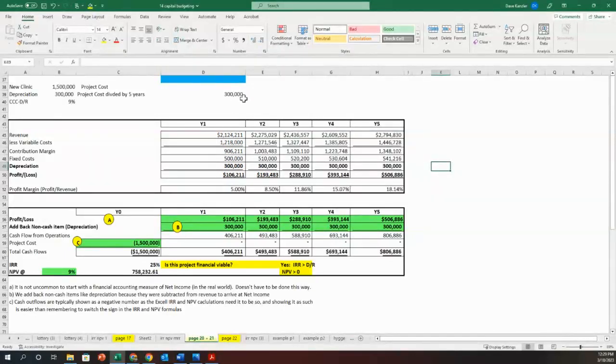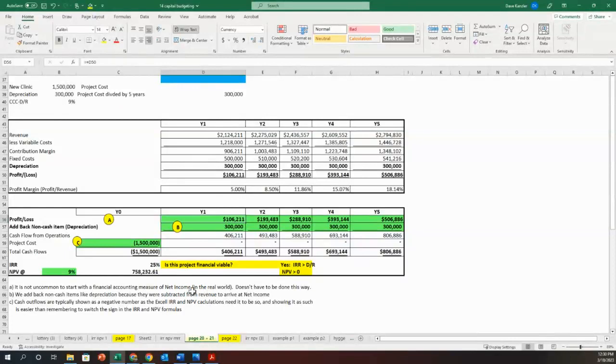Now, we've got to recast this in a way that we can do our net present value and IRR calculations. So a nice simple format is we take our profit and loss from our financial model.